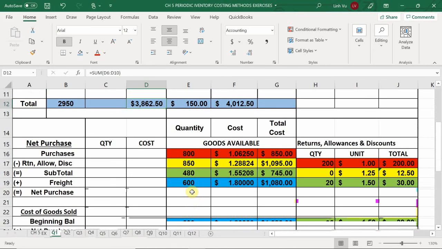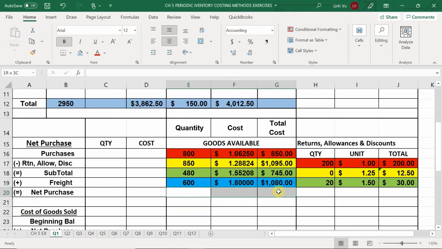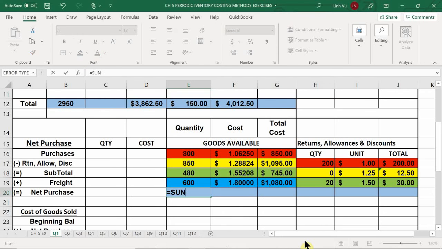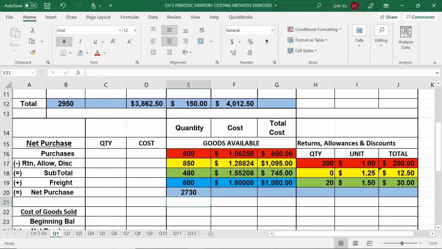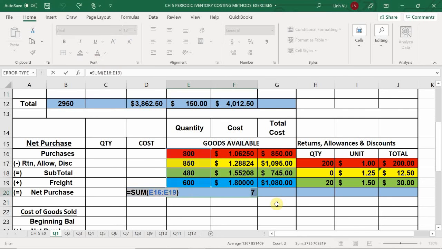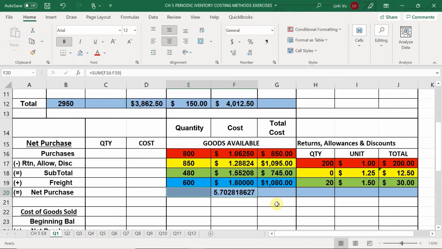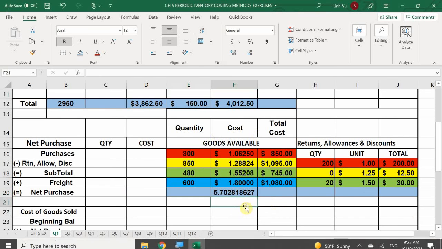Now, what I want you to do is also to tally up your goods available, as well as your returns and allowances. So in this case, what is my total goods available? 2,730. 2,730 at a grand total cost of? Hold on. I think I should put a space between it so it doesn't look like we bought more inventory. $3,770.